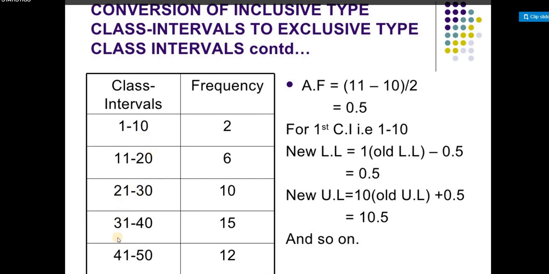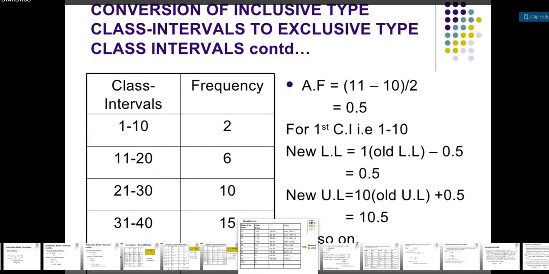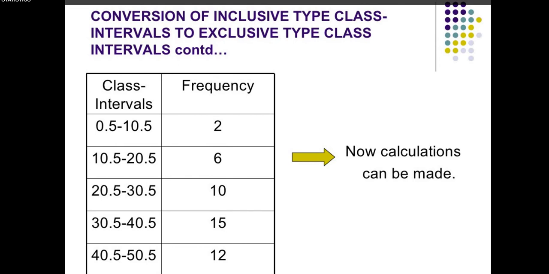If it is here, 31 minus 30 divided by 2. Then we will get the answer 0.5. We need to subtract 0.5 from the lower limit and add 0.5 to the upper limit. Then we will get the exclusive class limit.